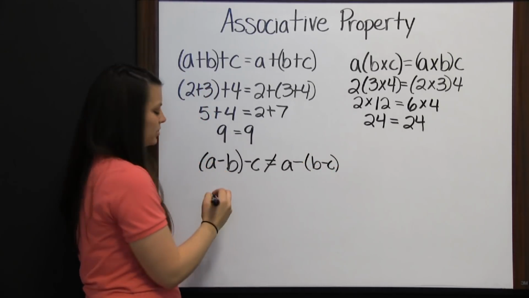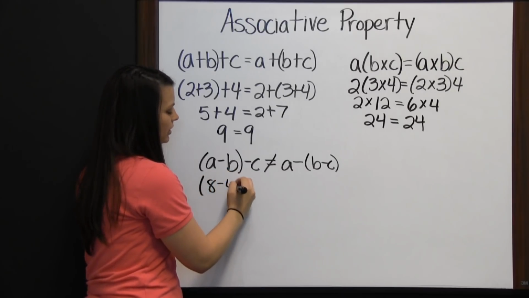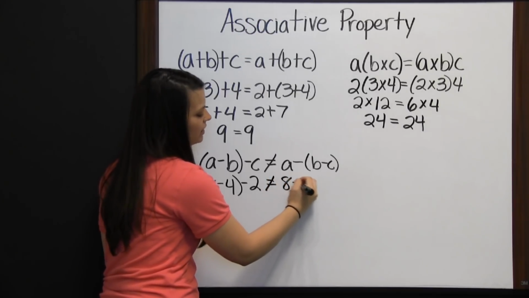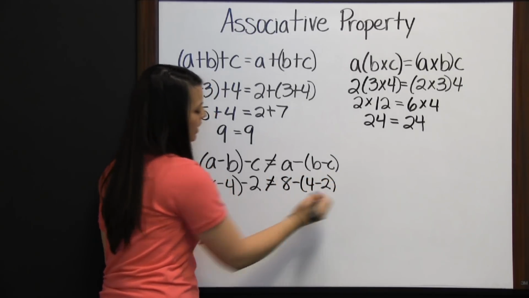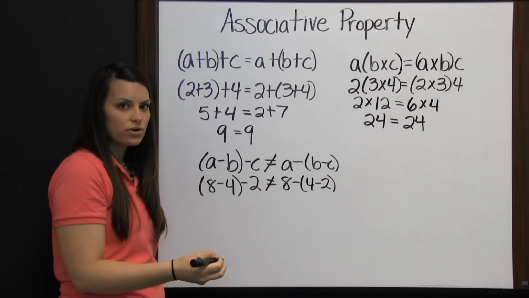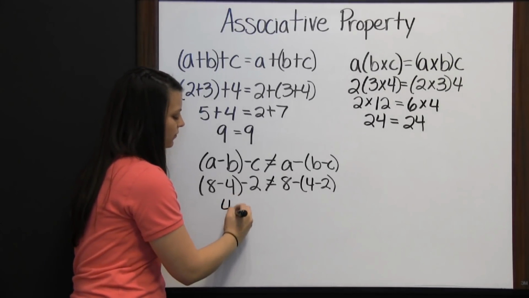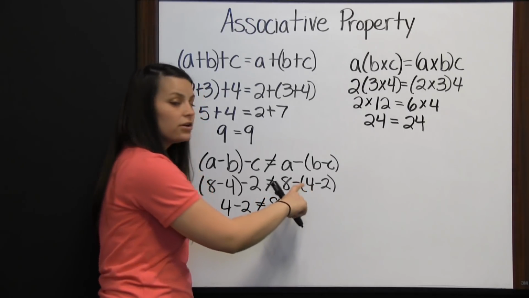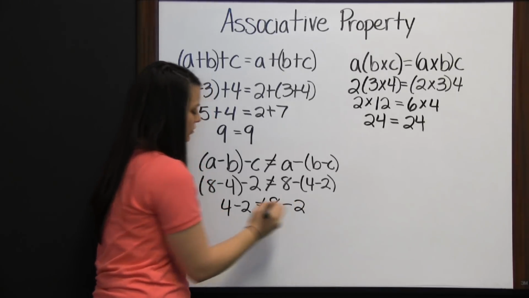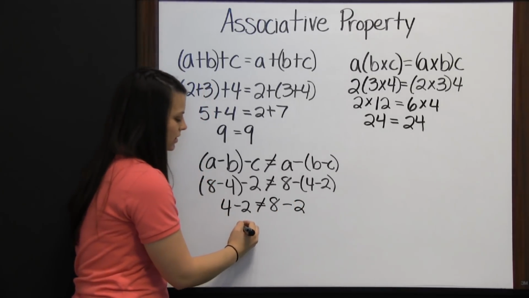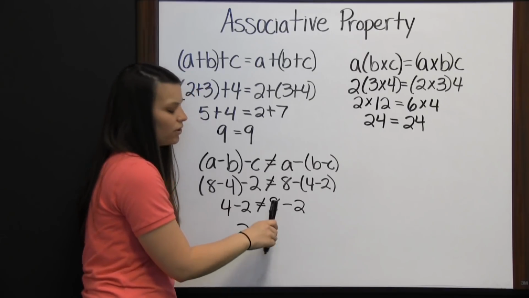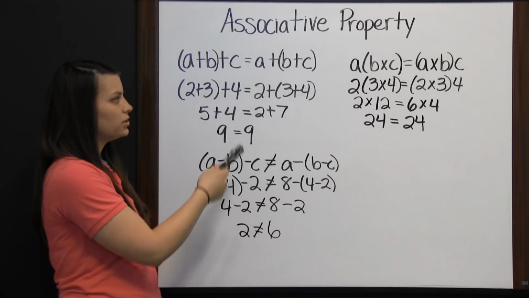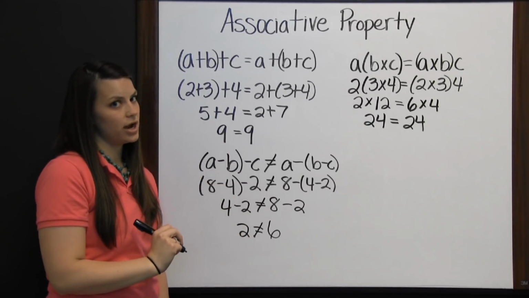So I'm going to use numbers: (8 − 4) − 2 does not equal 8 − (4 − 2). Again, using order of operations, 8 minus 4 is 4, minus 2 is 2, and that does not equal 8 minus 2, which is 6. As you can see, the associative property does not work on subtraction.